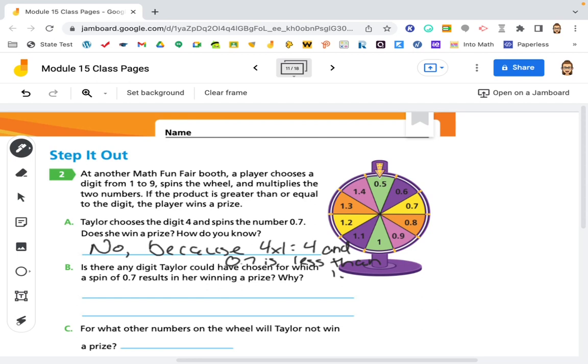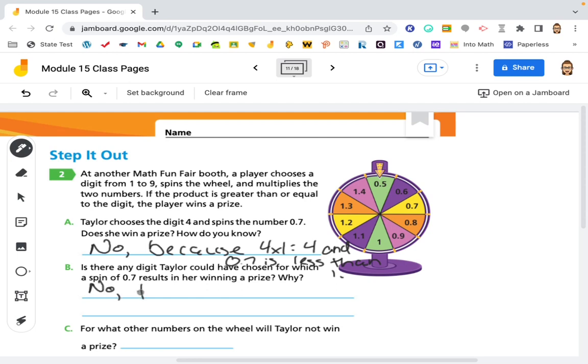Is there any digit Taylor could have chosen for a spin of 7/10 that results in her winning a prize? Why? Well, no, for the same reason.